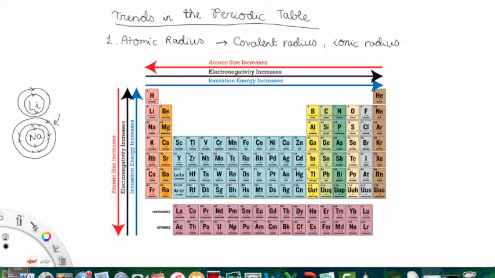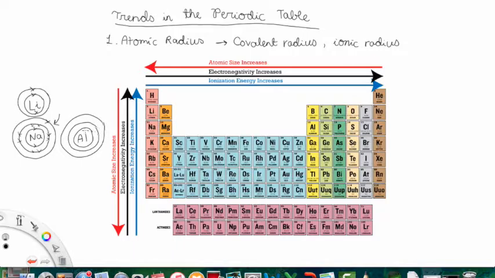The reason why the radius decreases going this way across a period is because electrons are added to the same shell and increasing nuclear charge draws them in. Comparing sodium versus aluminum, which is right here, let me just draw the 3 subshells like so.